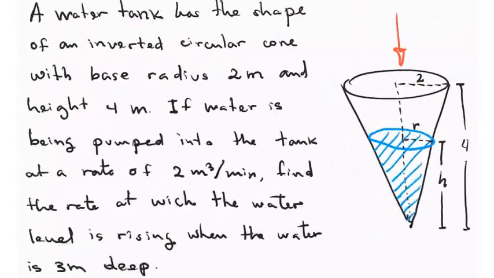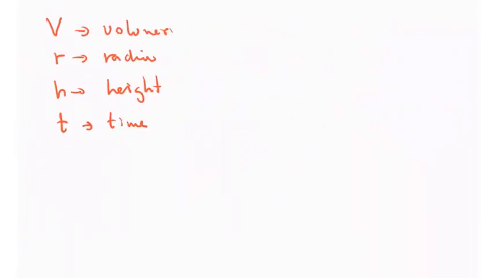We know that the water is being pumped into the tank at a rate of 2 meters cubed per minute, right? So we are given that dV/dt is equal to 2 meters cubed per minute.